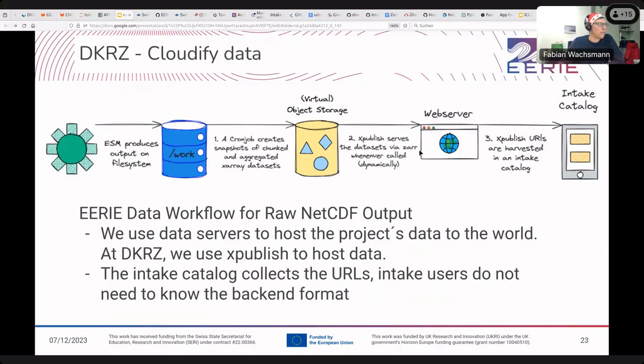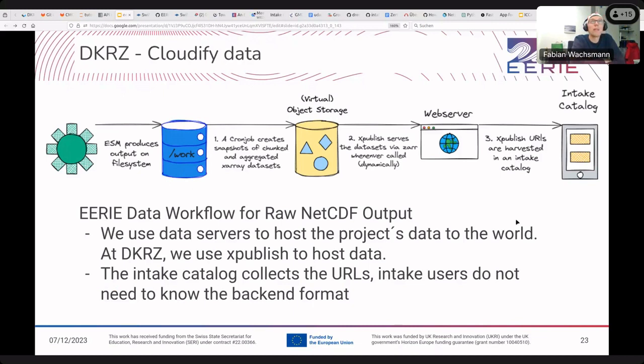And then, going further, we host these data, which is actually on Work, with data servers to the world. And at Wachsmann, it's possible to host each and every project space, as far as I understood, if it's requested to the system admins and if you use a specific directory.